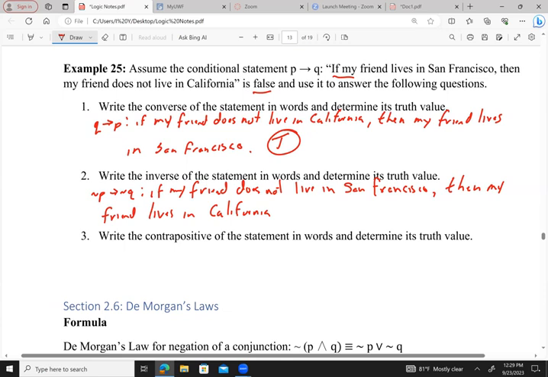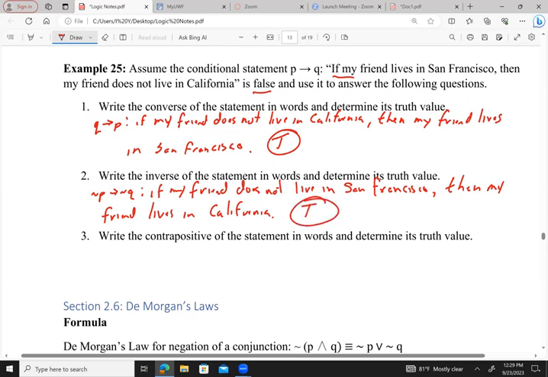Hold on. Okay, yeah, that's California. So, if you remember, the inverse and converse are equivalent. So if the converse is true, the inverse is true.